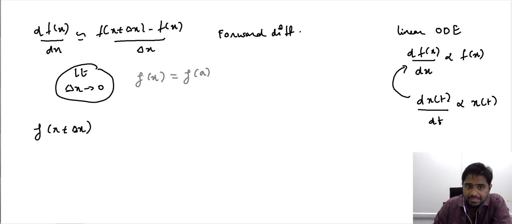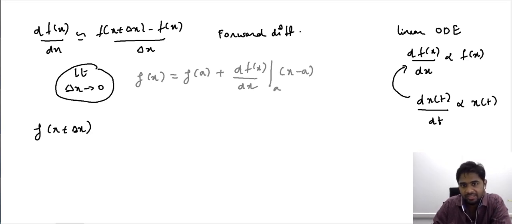So this function f of x can be expanded as f of a plus the derivative of this function at the point a times the difference x minus a, the point that is known and the variable.